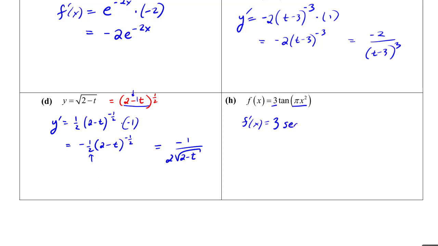So I get secant squared of that pi x squared. Then I have to go and take the derivative of pi x squared, which would actually be 2 pi x. So I get 6 pi x secant squared of pi x squared.